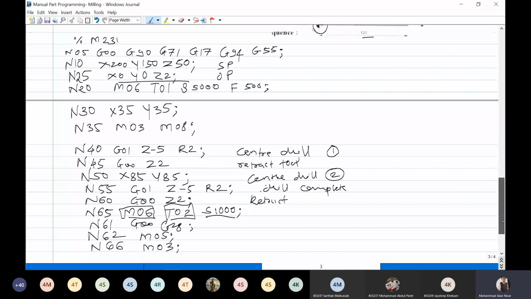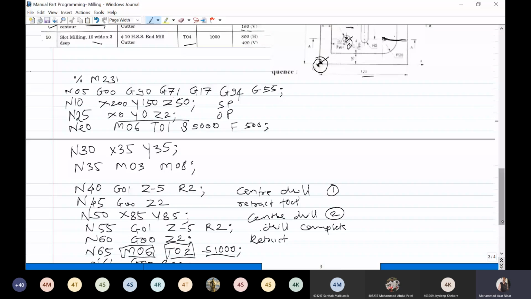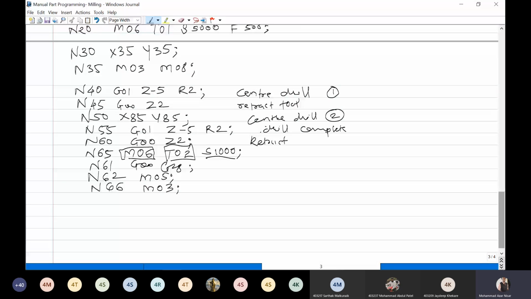So first, for the depth hole, I have to bring the tool again to the starting position. I will use N70, G00, X0, Y0, Z2.